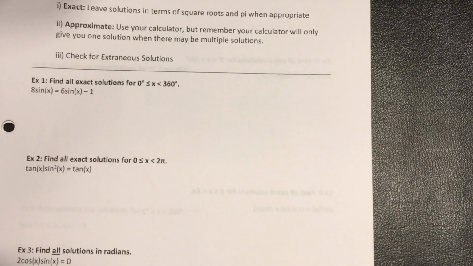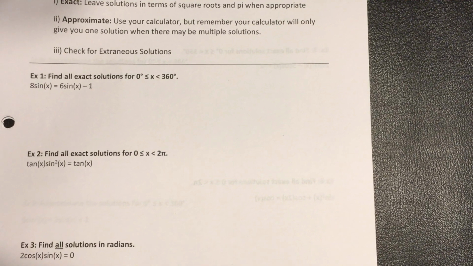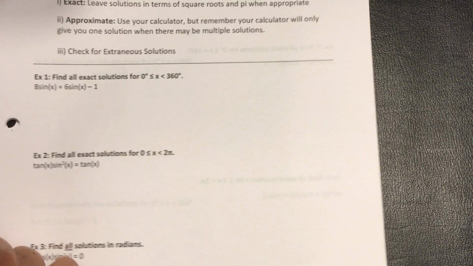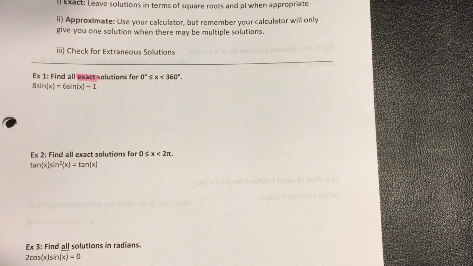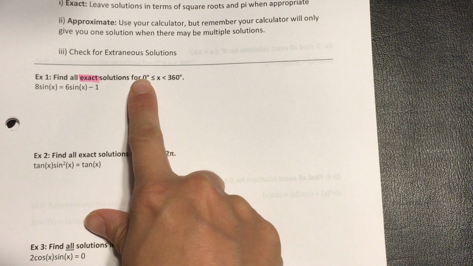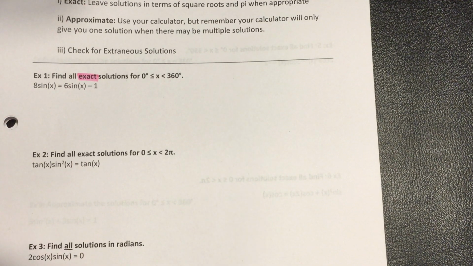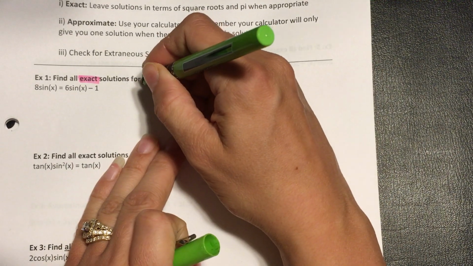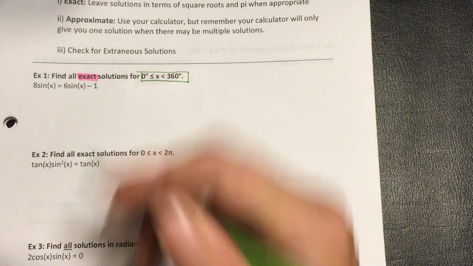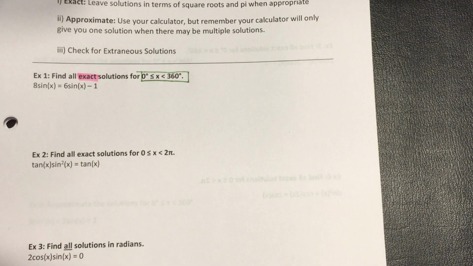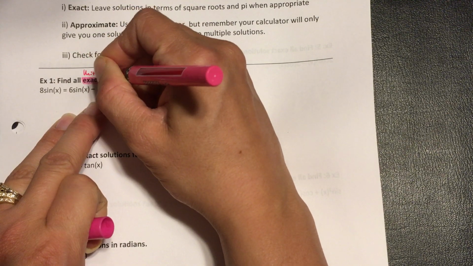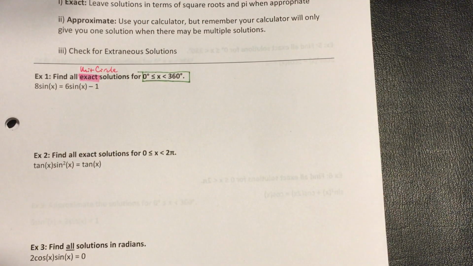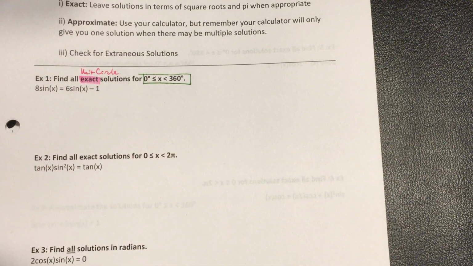We are now ready to start example 1. So first, let's read the instructions for this problem. It says find all exact solutions for x being between 0 and 360 degrees. Since we are looking for exact solutions, we are going to be using the unit circle to find our answers versus our calculator if we were looking for approximate solutions.